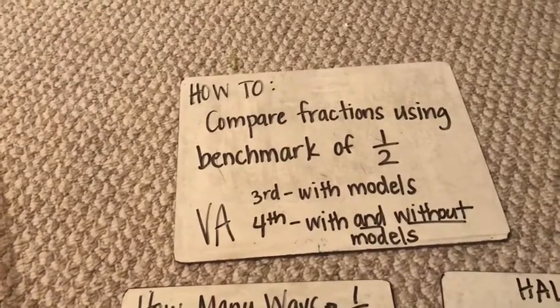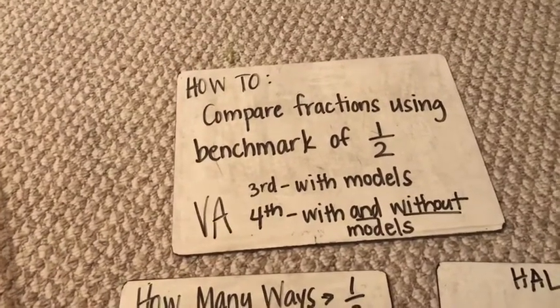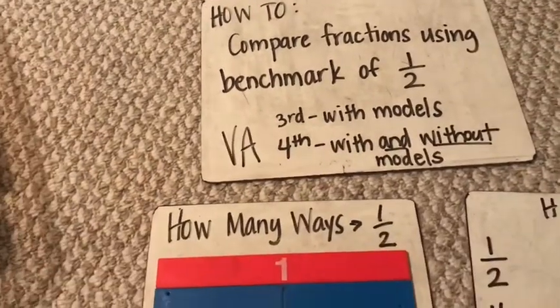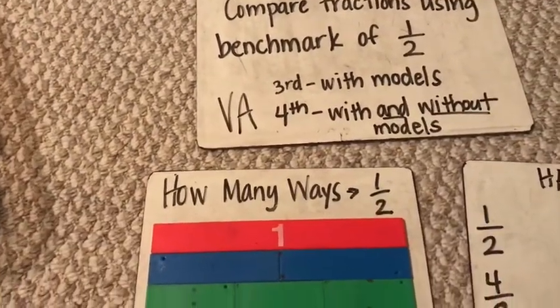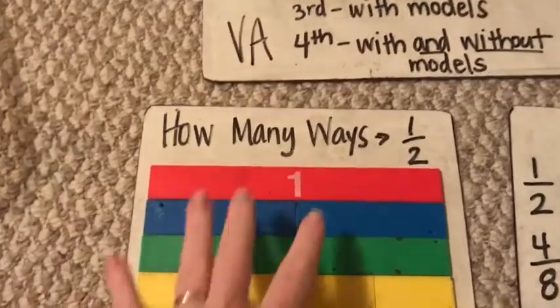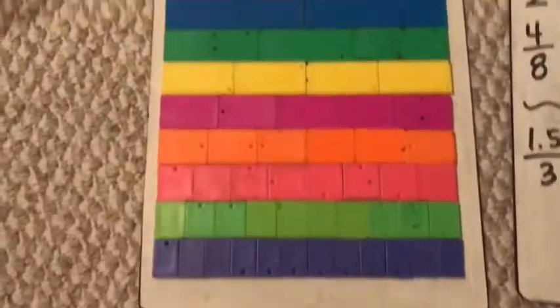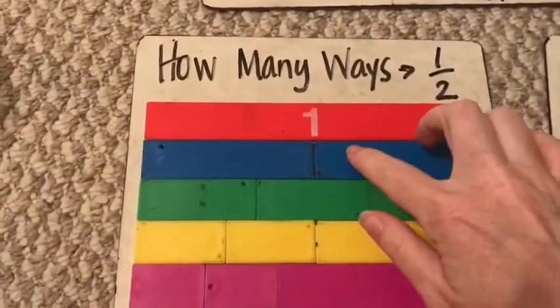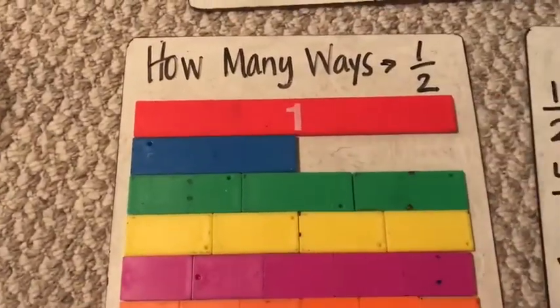So the first thing that we do, and a lot of times even before our fraction unit actually begins, is we start exploring how many ways can we make 1/2. So we know that if this is one whole, these are fraction bars here. If this is one whole, 1/2 would be 1 out of 2 parts, which is just 1/2.